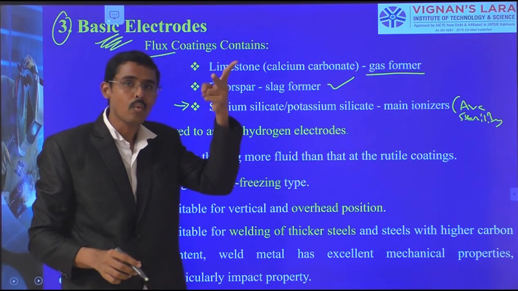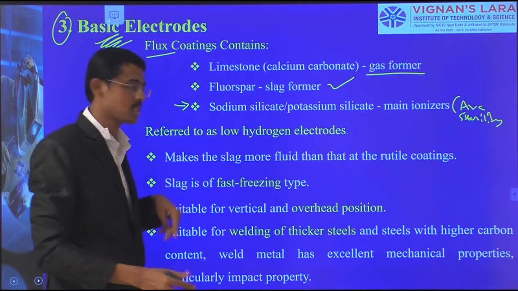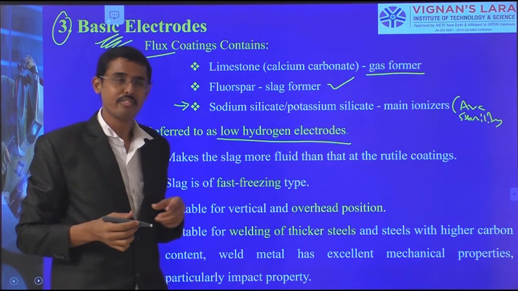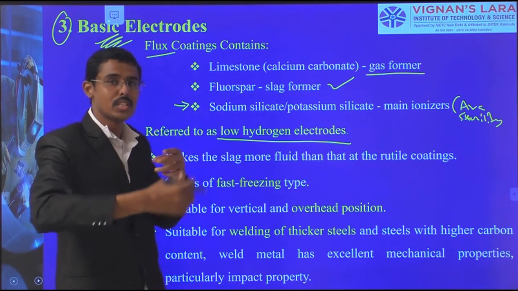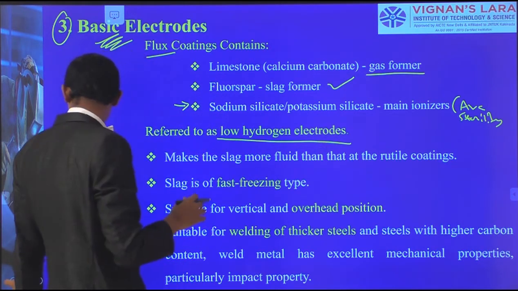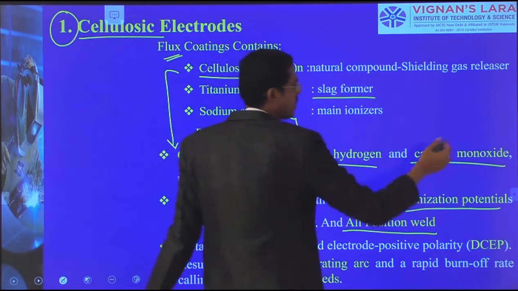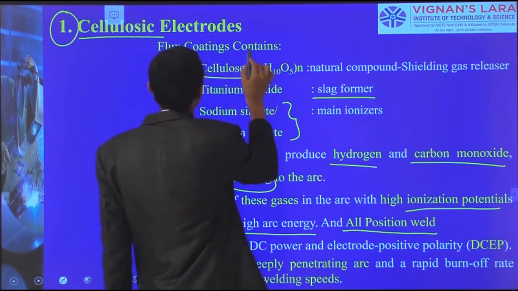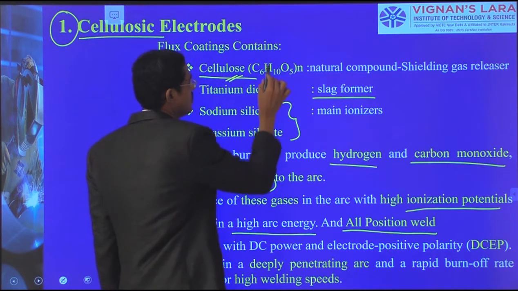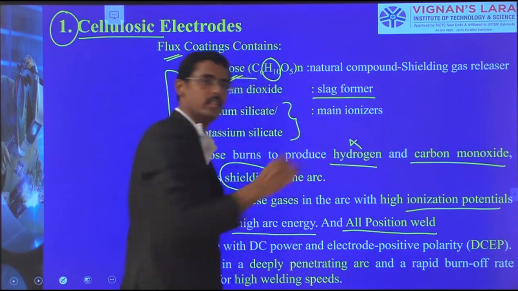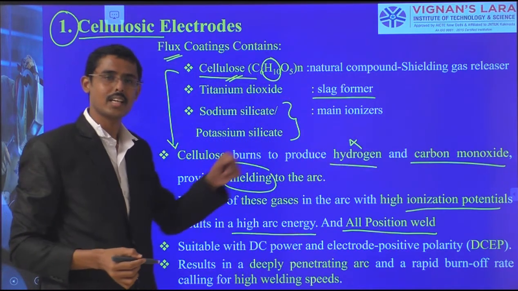Now we are coming to avoid these two disadvantages of rutile here. Low hydrogen we are adding here. Due to the cellulose, the shielding gas generation creates hydrogen there. You see here, the risk: hydrogen and carbon monoxide are generated by this cellulose. Now we are trying to avoid this because hydrogen embrittlement is generated.